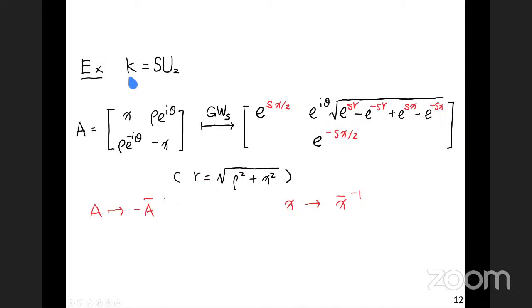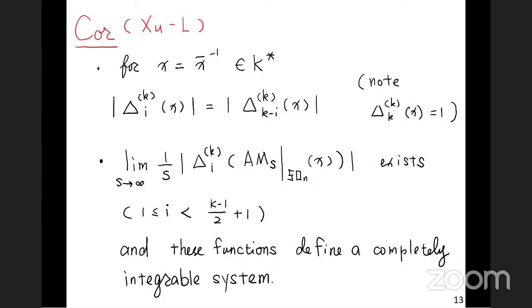Let's see how this involution looks for our example. On this map, A goes to minus A bar because here we use Hermitian matrices. It just means X goes to minus X and theta goes to minus theta. So this matrix X goes to its inverse conjugation.